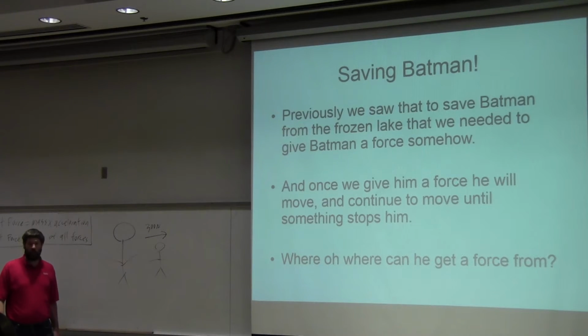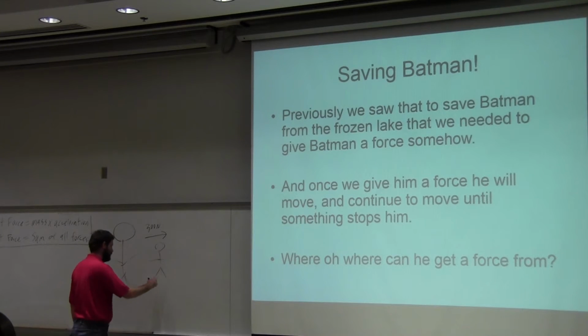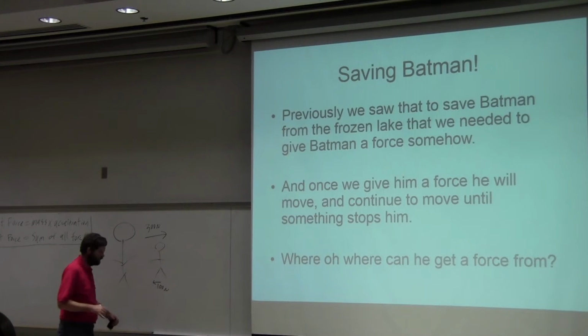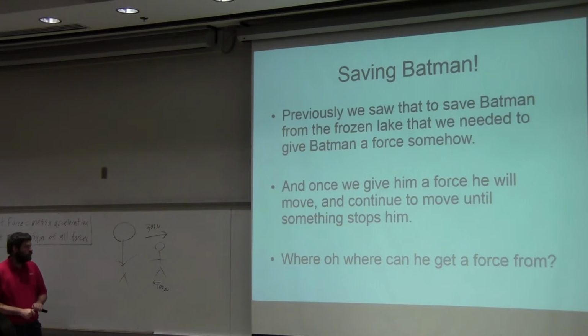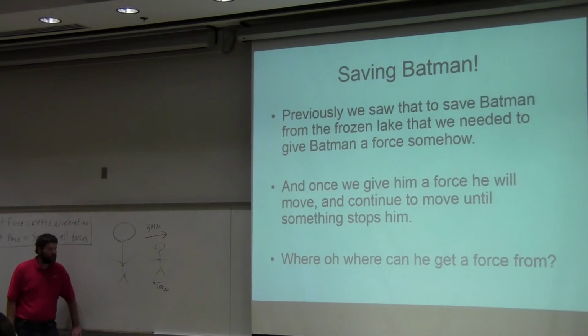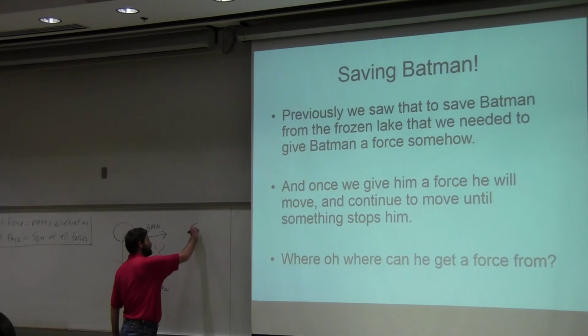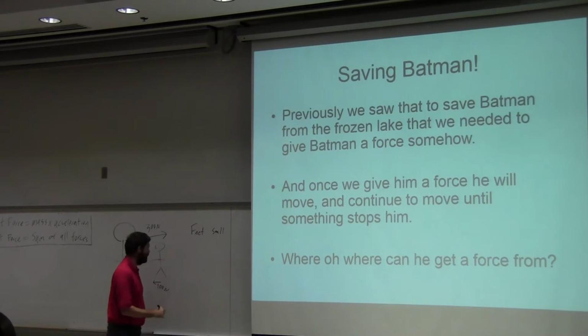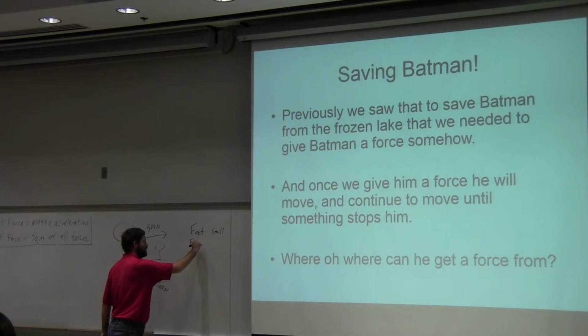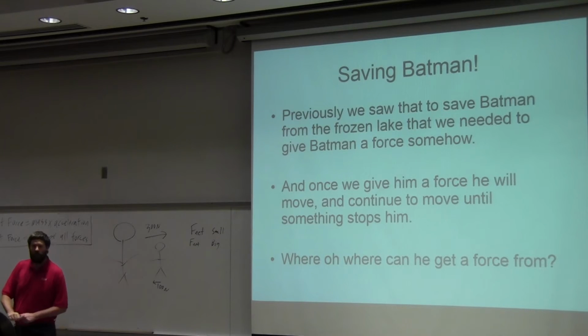The small guy is going to try to push this way with a force of 100 newtons. Here's what I want you to calculate. What is the net force on the small guy? And what is the net force on the big guy? So go ahead and pause it at this point. Go ahead and do the calculation.